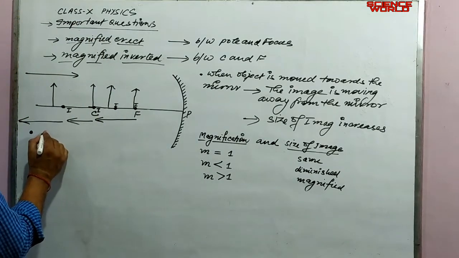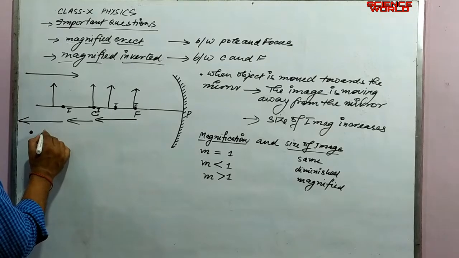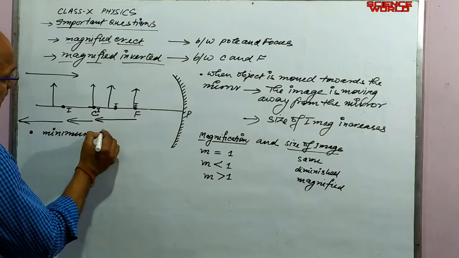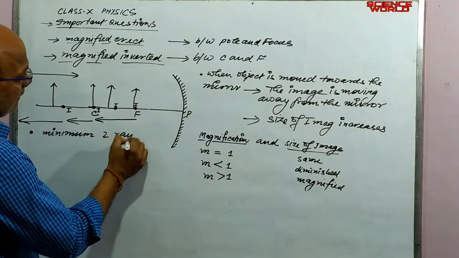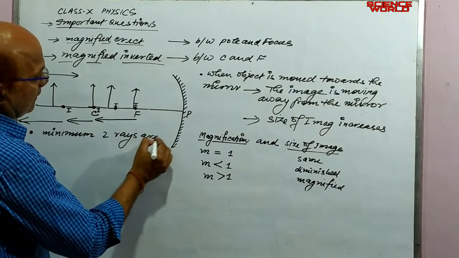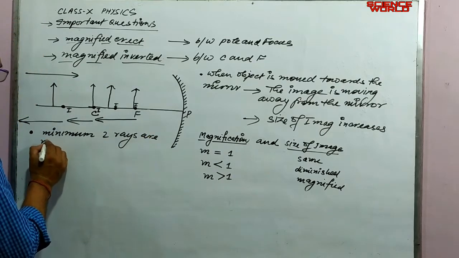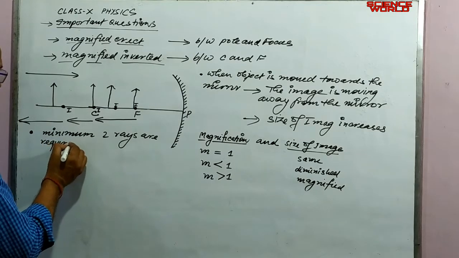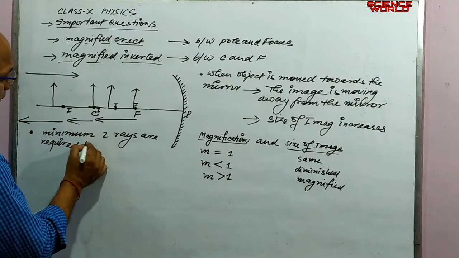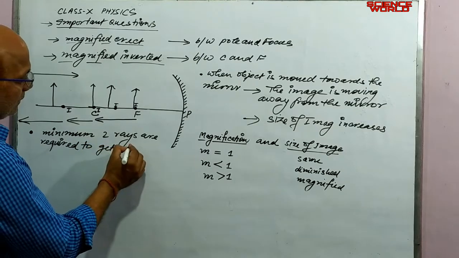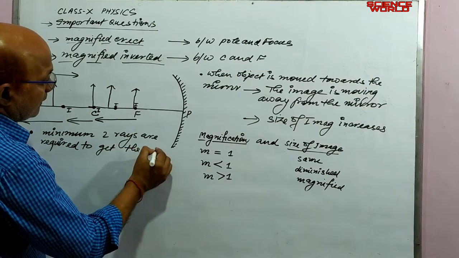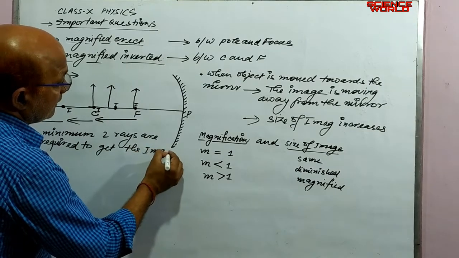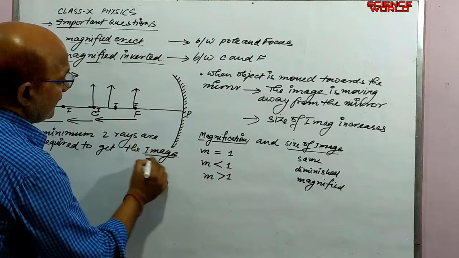So, minimum 2 rays are required to get the image. Okay.